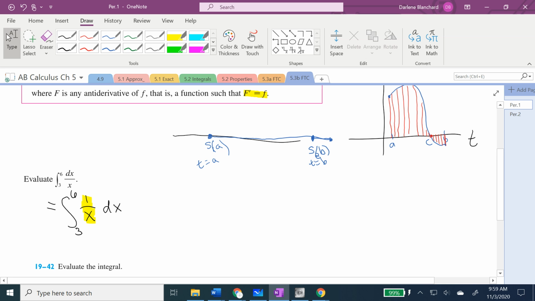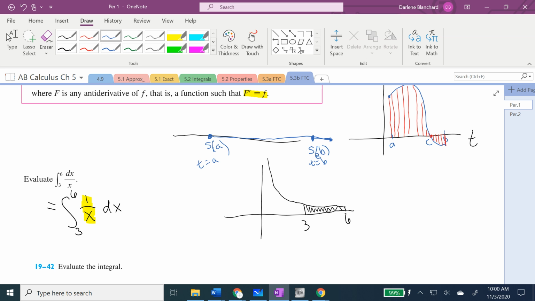So the dx is representing, if I were to graph this function, and I'm just going to graph the right half of it, from 3 to 6. So essentially we're finding this area.